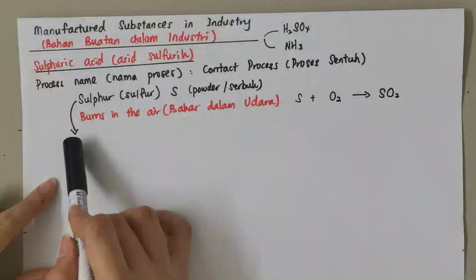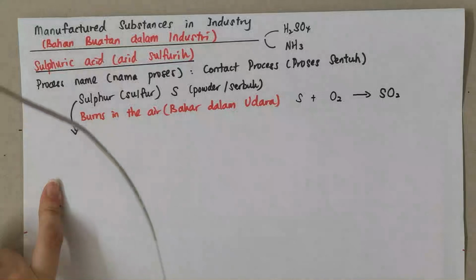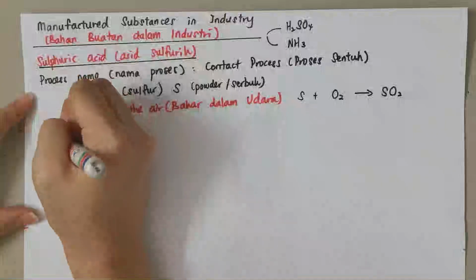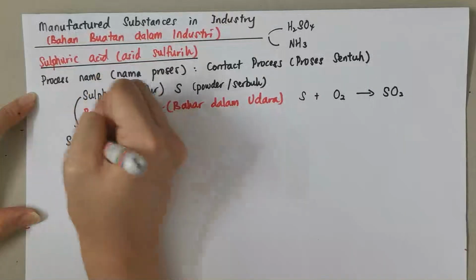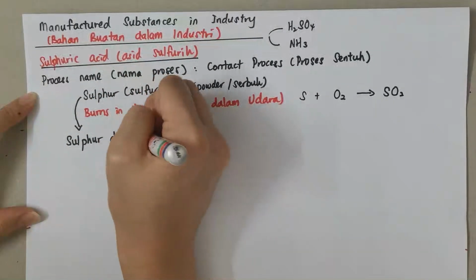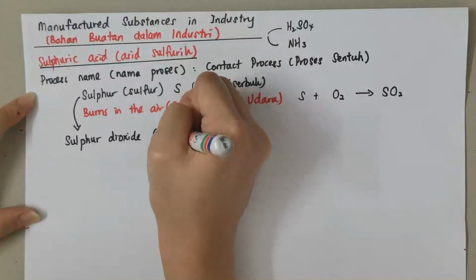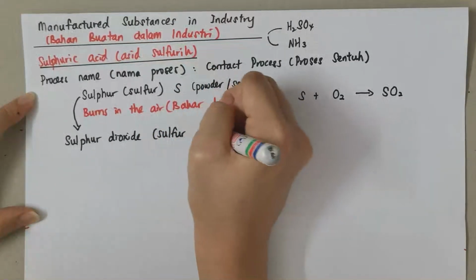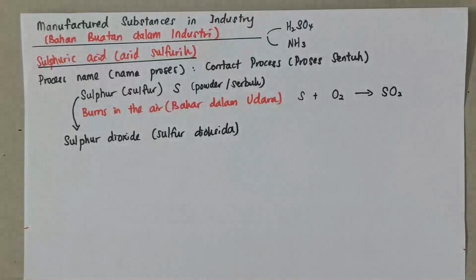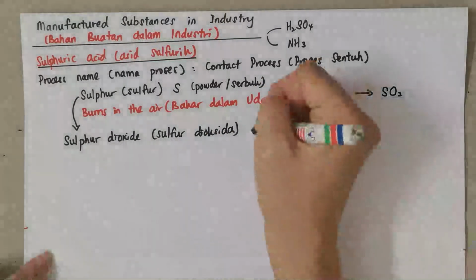So in this step, I will write it as sulfur dioxide. The formula for sulfur dioxide is SO2.